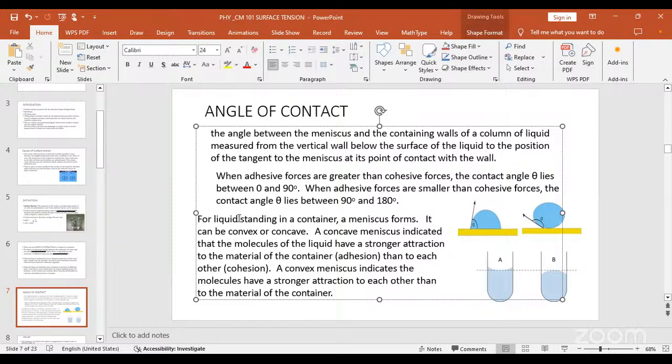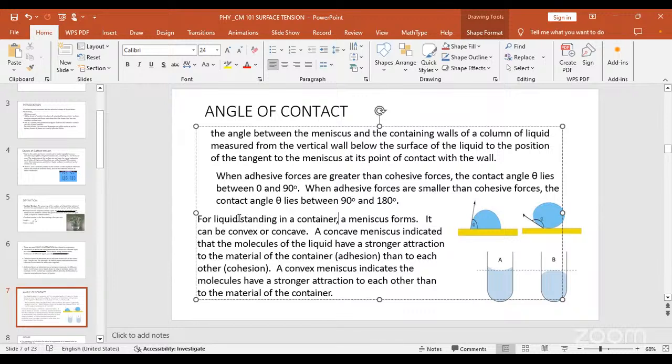When adhesive forces are greater than cohesive forces, the contact angle theta lies between 0 and 90.